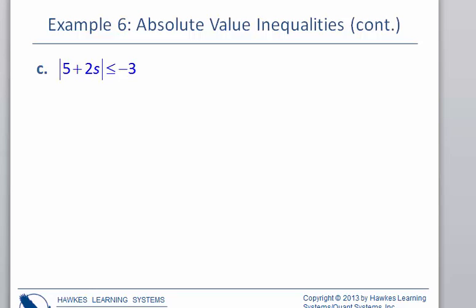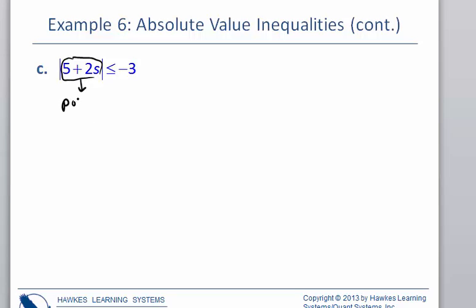Okay, part C. We have the absolute value of 5 plus 2s is less than or equal to negative 3. Now, we want to be careful here because we know that an absolute value does what to a problem? When I take the absolute value of this 5 plus 2s, what does that absolute value do?